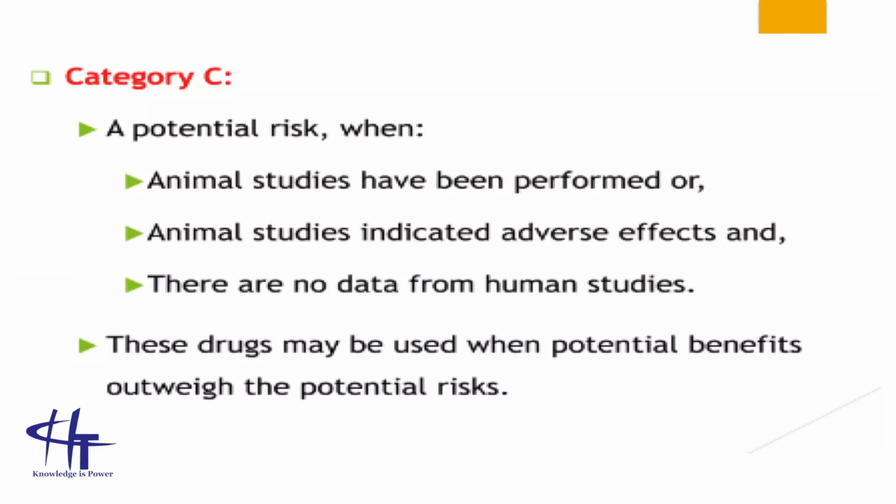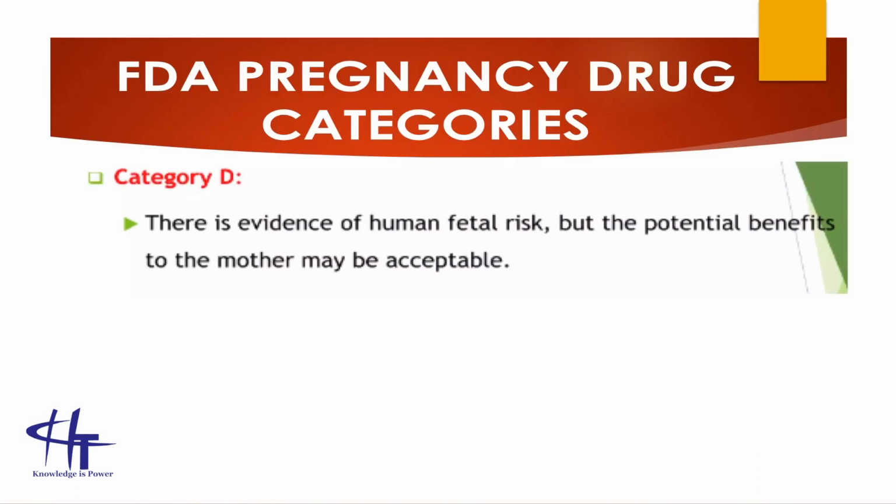Now, we also have another category referred to as category D. In category D, there is evidence. Remember, in category C, there is no adequate evidence. But in category D, there is actually evidence of human fetal risk. In other words, when these drugs are given, there is some evidence of risk to the fetus.